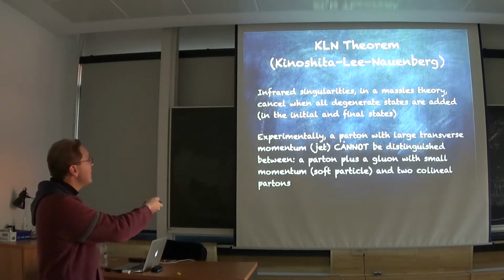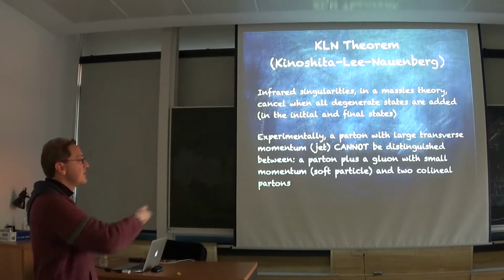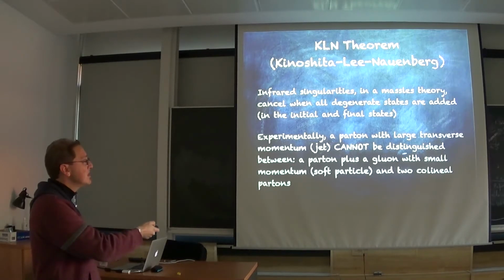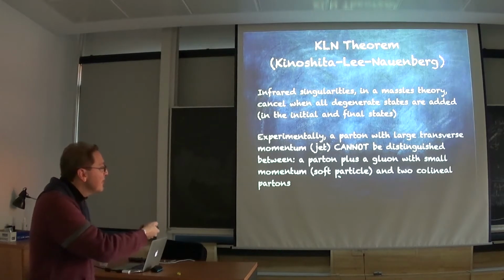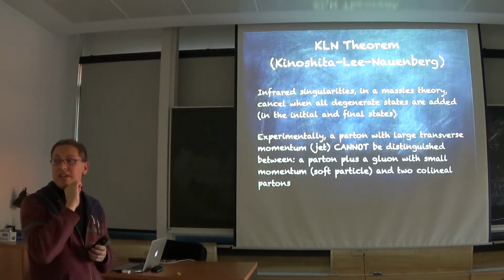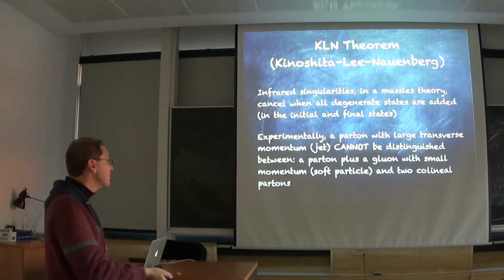And the thing is that experimentally, a parton with large transfer momentum, meaning a jet, cannot be distinguished from a parton plus a gluon with a small momentum. If the momentum of the gluon is very small, then it could be confused within the jet cone, because of the cone algorithm recognition.